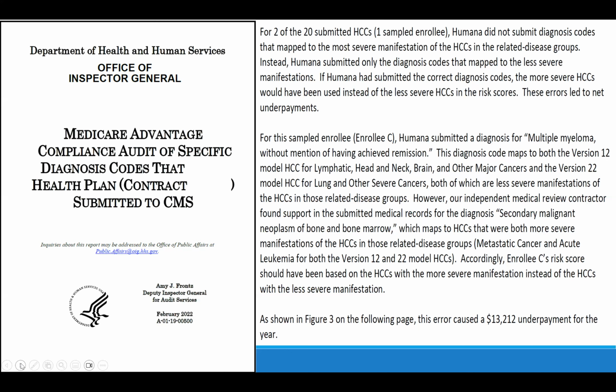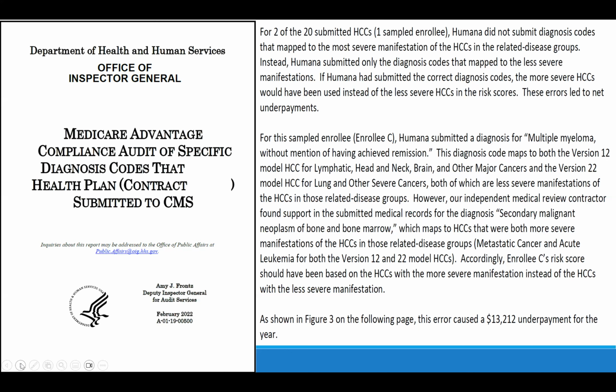If you overcode or code something wrong, now the health plan is getting money that they shouldn't be getting, and that is certainly a compliance risk. And undercoding is as much a compliance issue as overcoding is, just so you know. In this case, you are costing the health plan money. Not you, the coding in this scenario costs the health plan money that they are due.